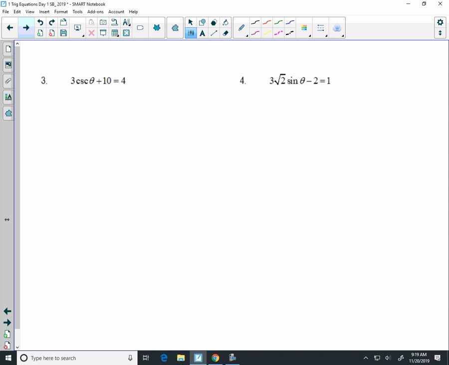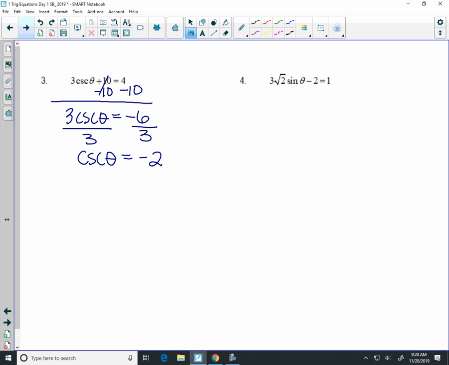All right, cosecant. I'm going to subtract 10 first here. I'm going to divide by 3. And just like on your test, when you looked at cosecant and you're like, I don't like it, that's fine. Turn it into sine.